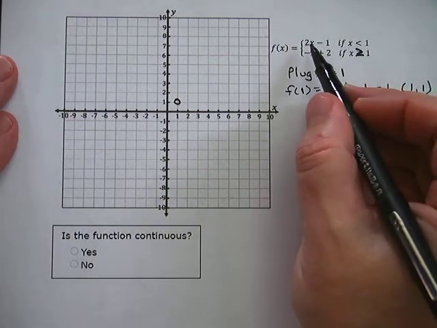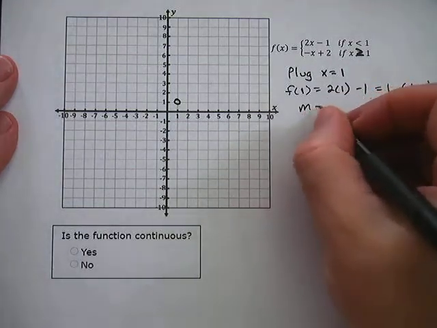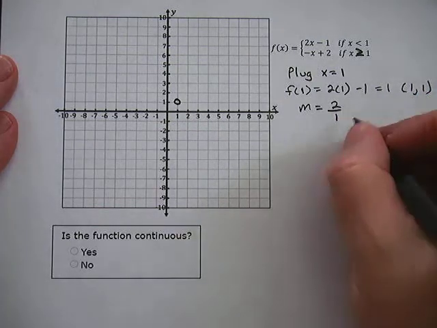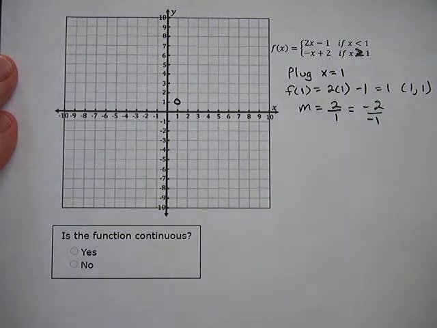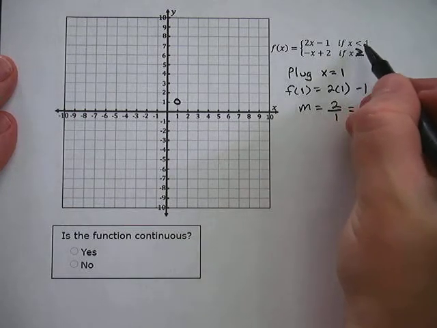Okay, and now that we have that, we can look at what the rest of the graph is doing. So we need to look at the slope of that. And the slope is the number in front of x. So m is equal to 2, which is the same thing as 2 over 1. We could also write that as negative 2 over negative 1. Keep in mind those two are the exact same things. Okay, and the reason we want to use this second one is because this says if x is less than 1.